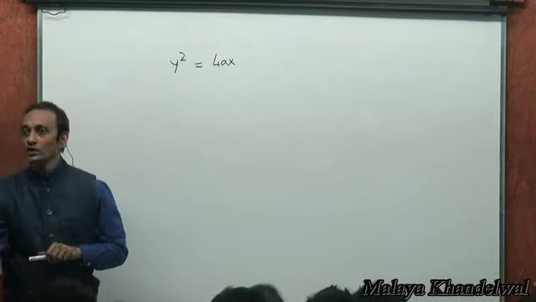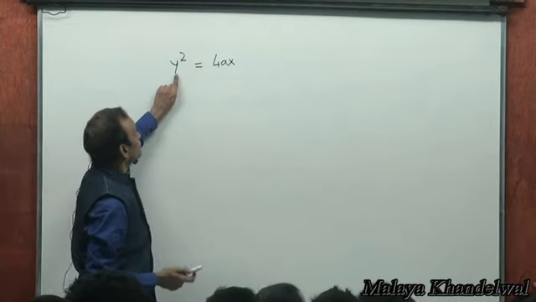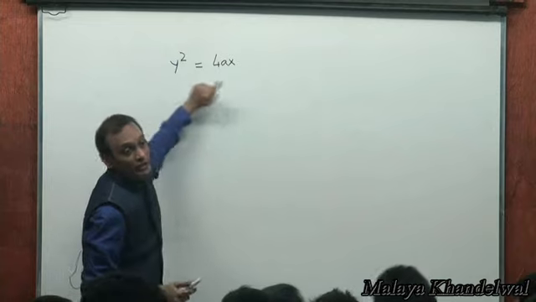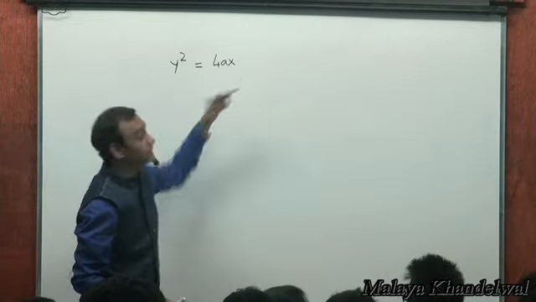This was a parabola whose description had a square term and a linear term. Right?